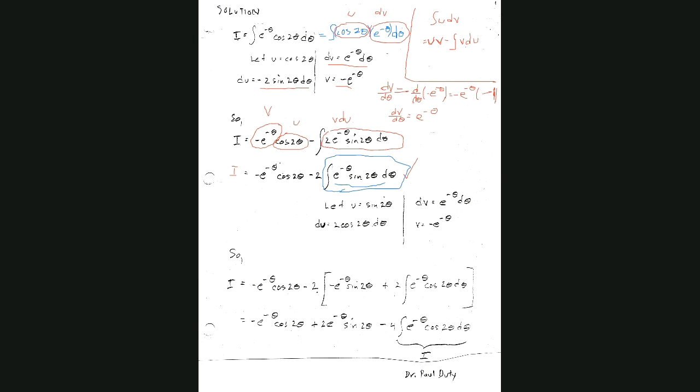Does that integral look better than the original integral? Does it look worse, or about the same? Tina thinks about the same. And I agree. It looks about the same. But it isn't worse. I'm not getting into a more complicated integral.